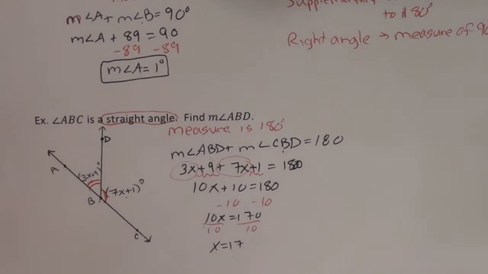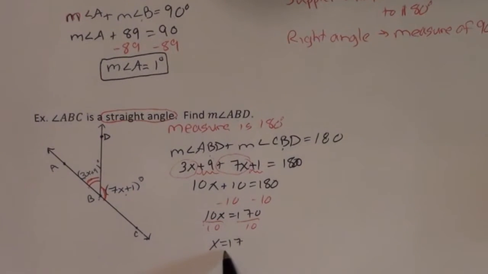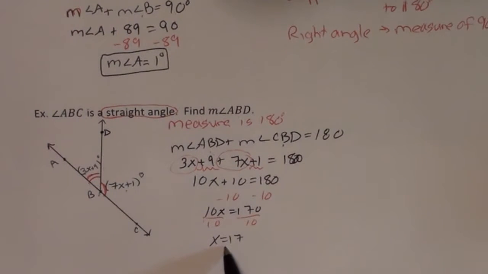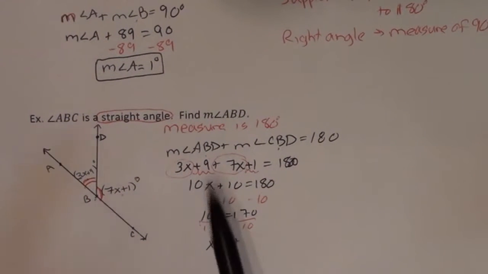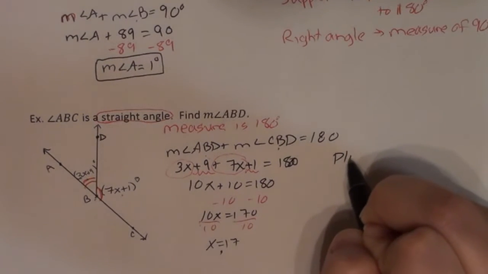Now you got to be careful here. x does equal 17, that is correct. No doubt about it, except the question didn't ask you to find x. The question asks you to find the measure of angle ABD. We found x. That's not what the question asked. So to find the measure of angle ABD, we plug it in.